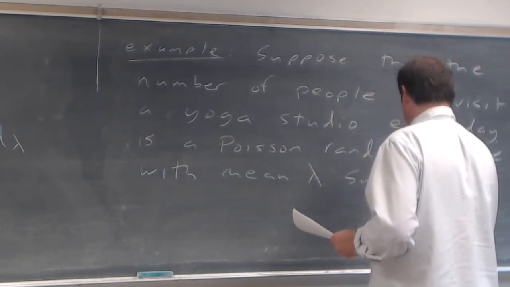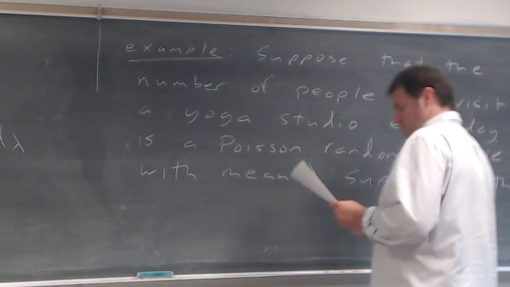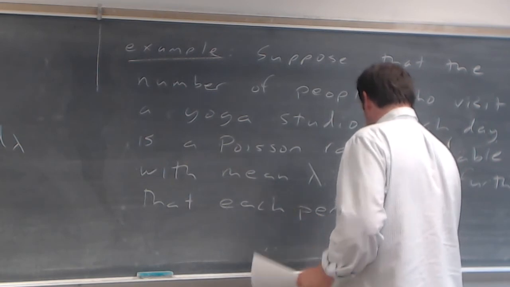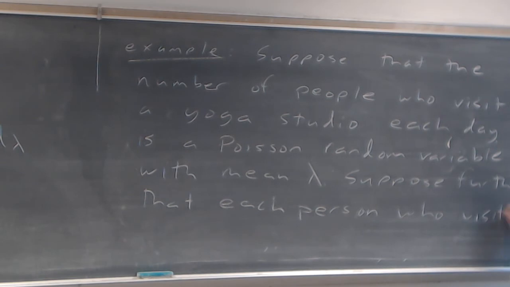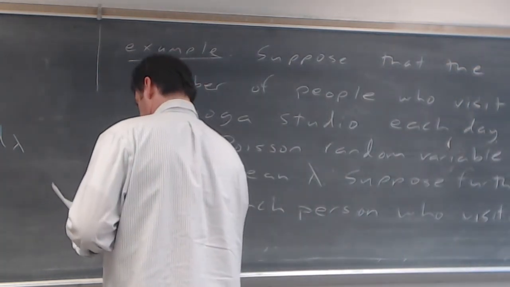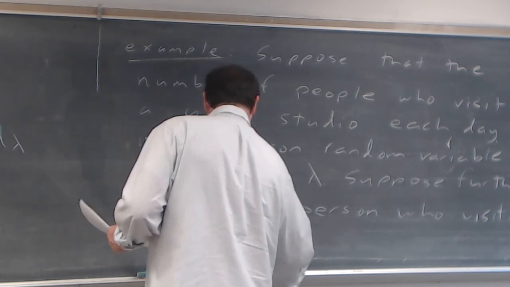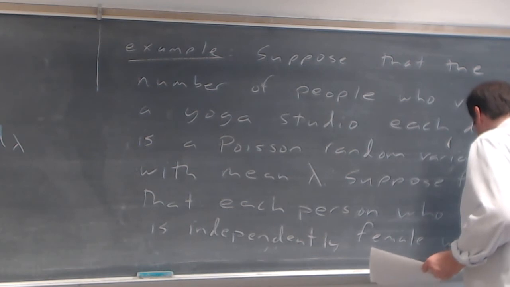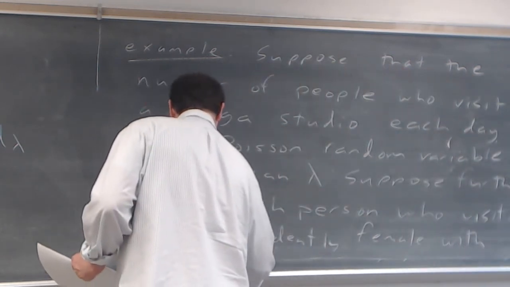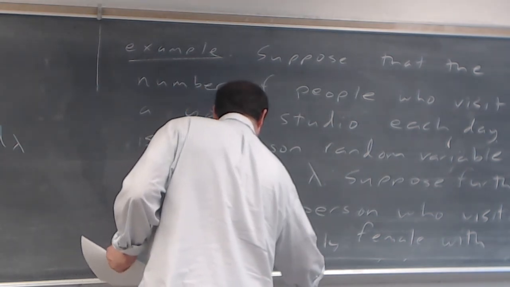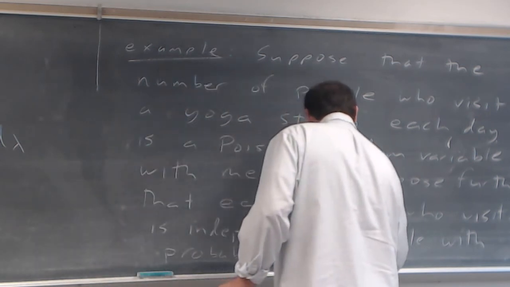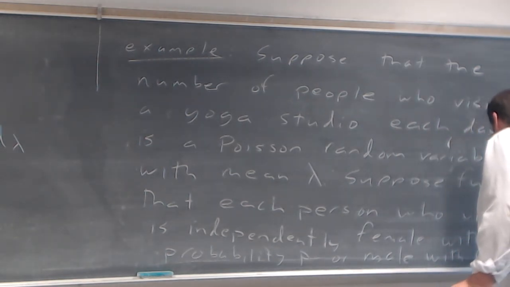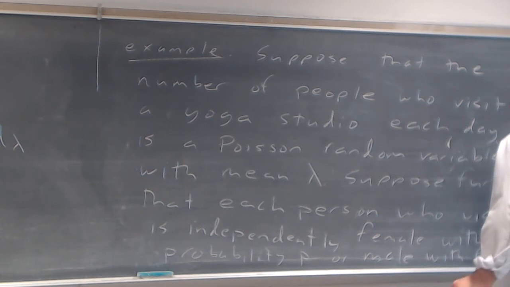Suppose further that each person who visits is independently female with probability p, or male with probability, of course, 1 minus p.